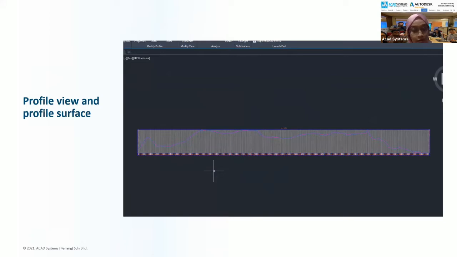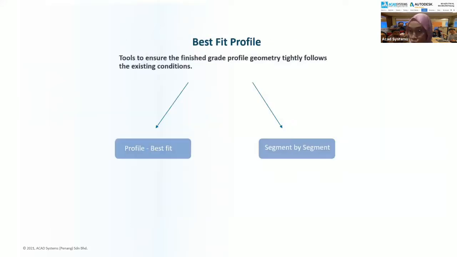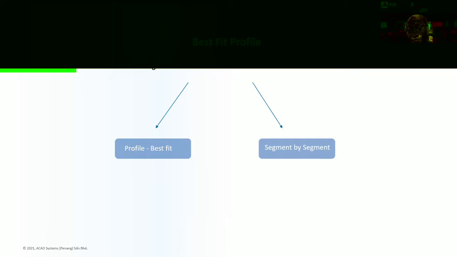From the profile surface, we're going to create our own profile for the proposed road. And to create the new profile for the proposed road, we're going to use the best fit profile tools. These tools ensure the finished grade profile geometry tightly follows the existing condition.